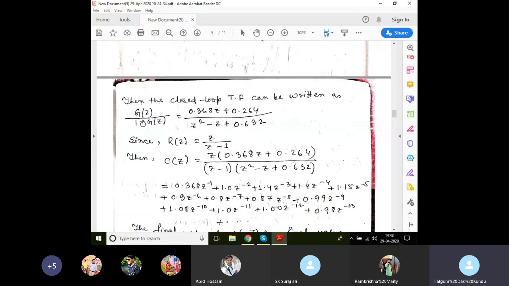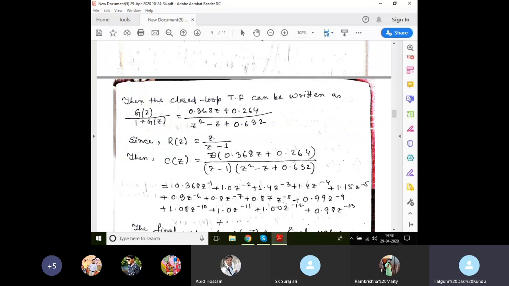Now we have to find out the closed loop transfer function. T(z) is nothing but G(z) by 1 plus G(z). Since R(z) is z by z minus 1, what is the value of C(z)?